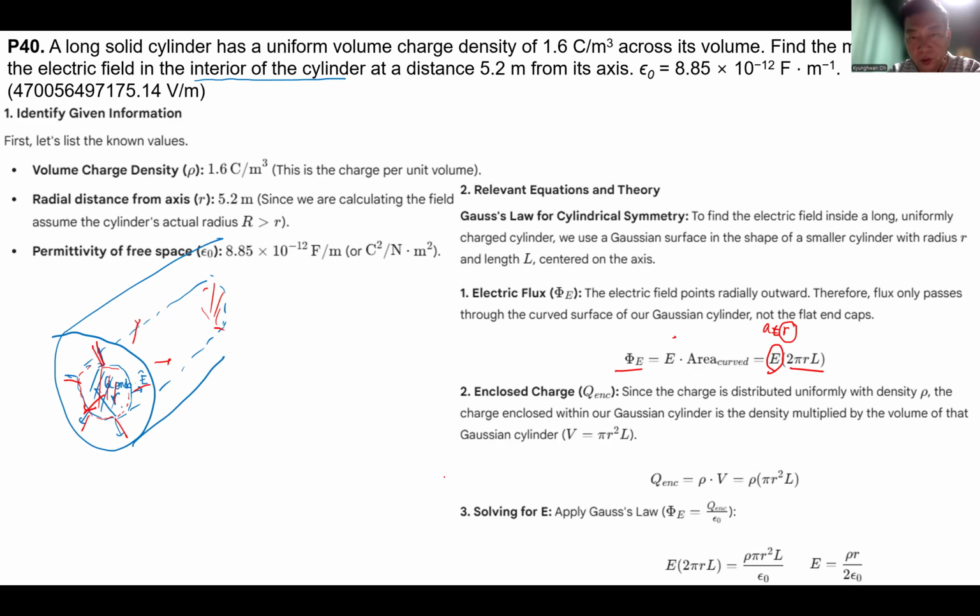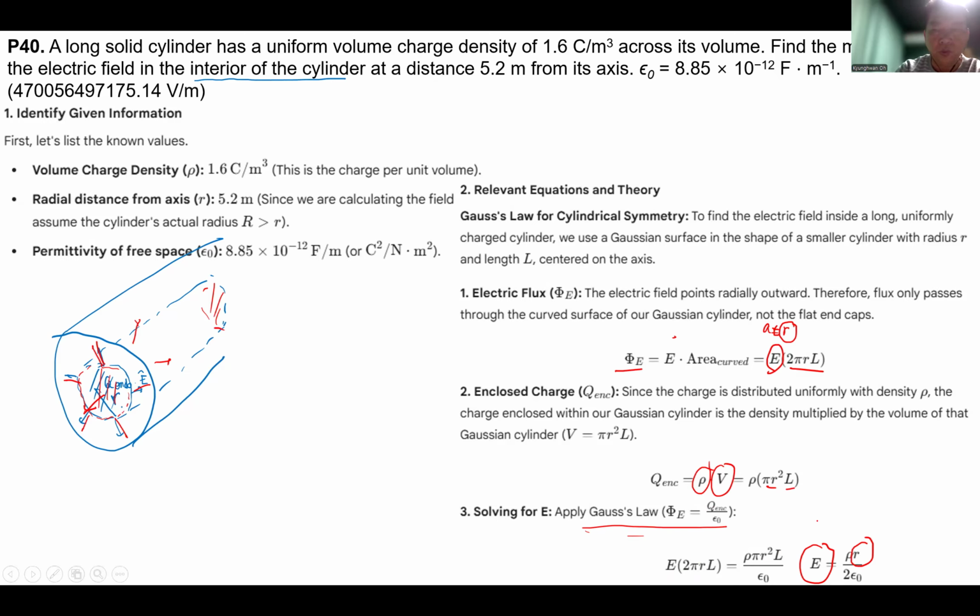Okay, and then the enclosed charge is given by the charge density times the enclosed volume. The enclosed volume is given by pi r squared, the area, times L, the length. Okay, and then apply Gauss' law. You get E times 2 pi r L equals the charge enclosed, and once again it is going to be proportional to r.